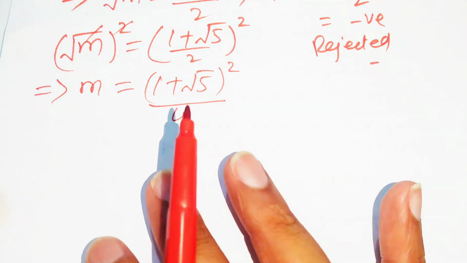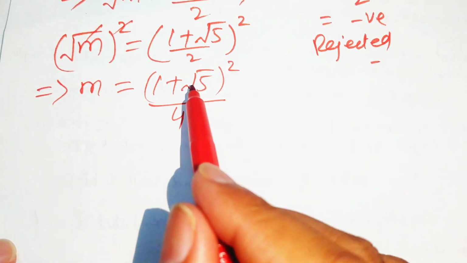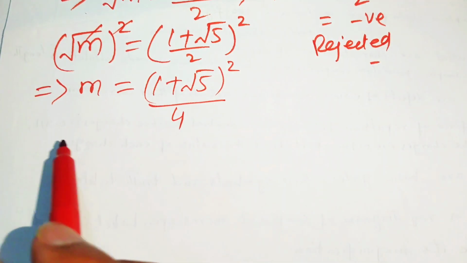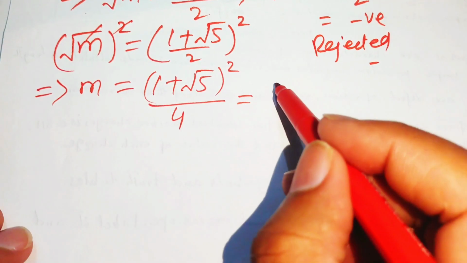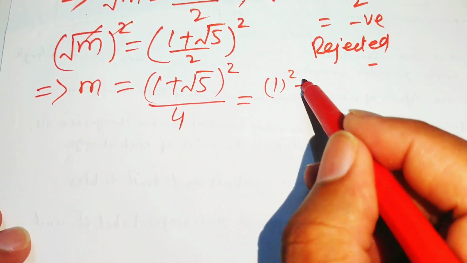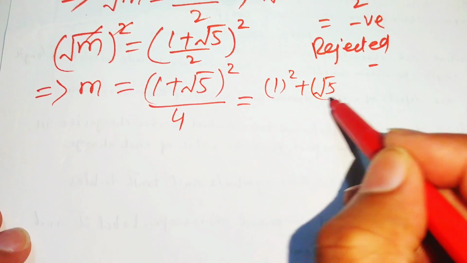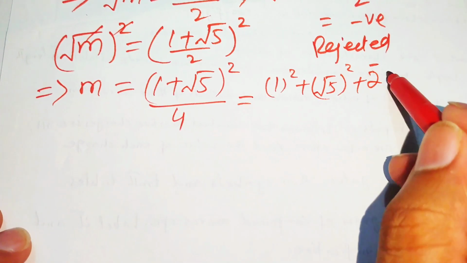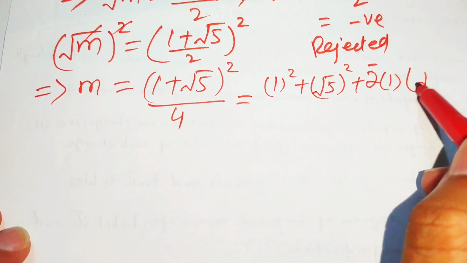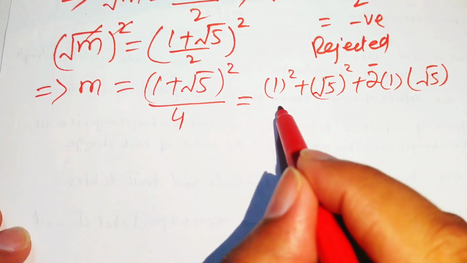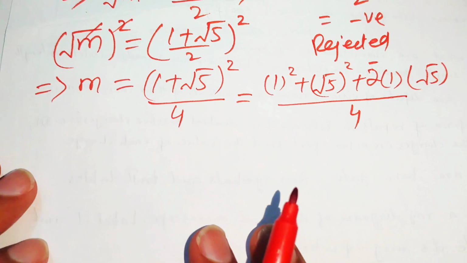In the next step we need to expand the square of the numerator term. It will be a squared plus b squared plus 2 times a into b, and this whole divided by 4.